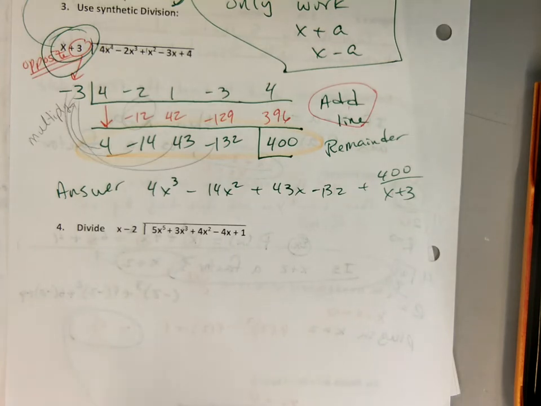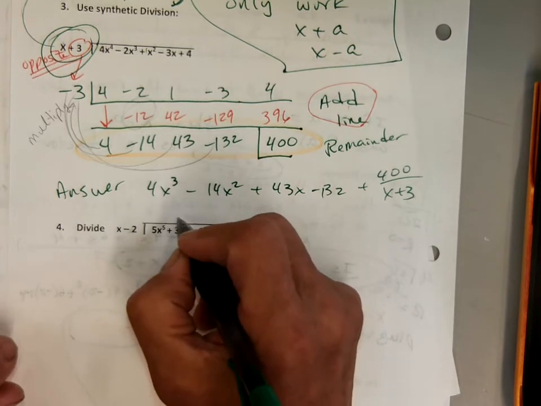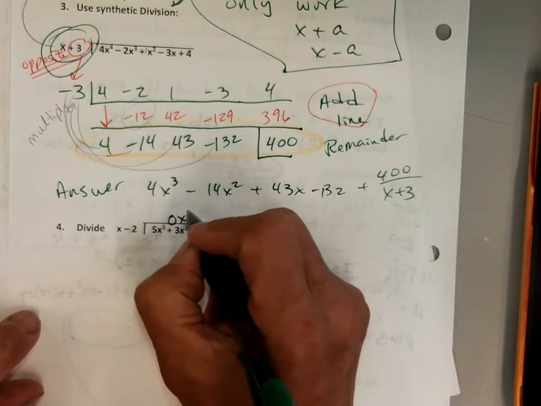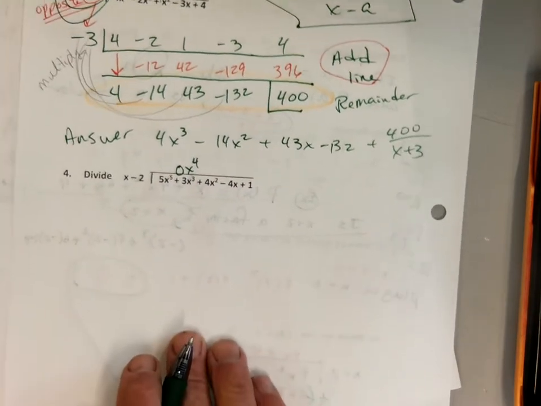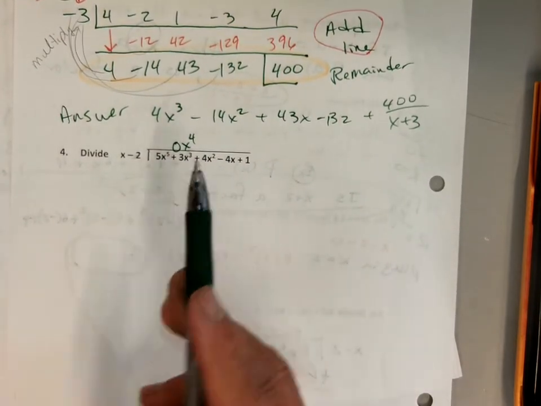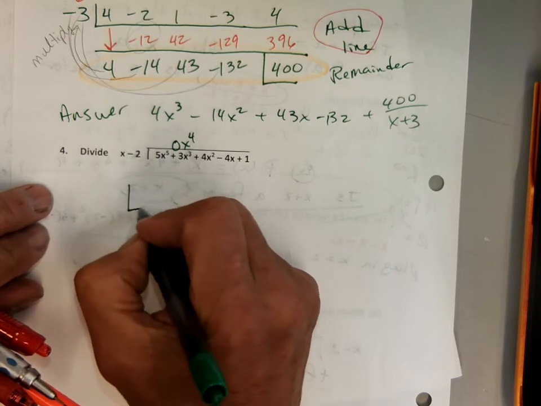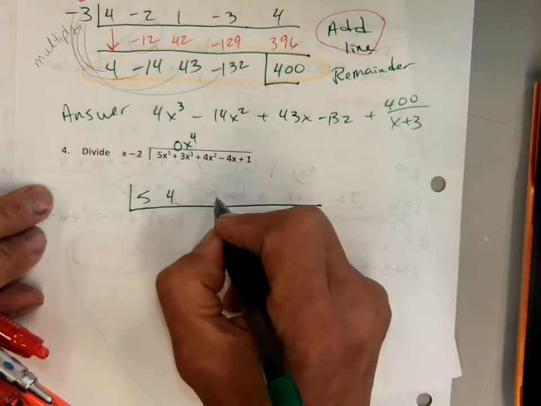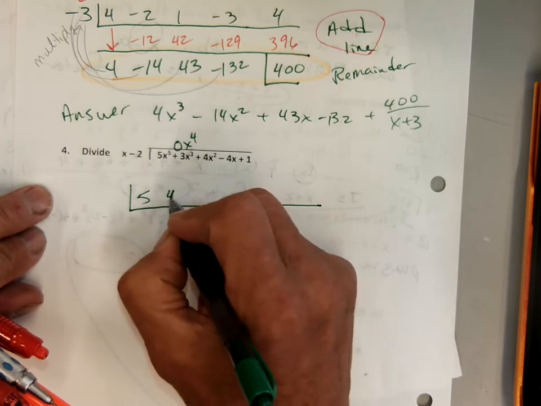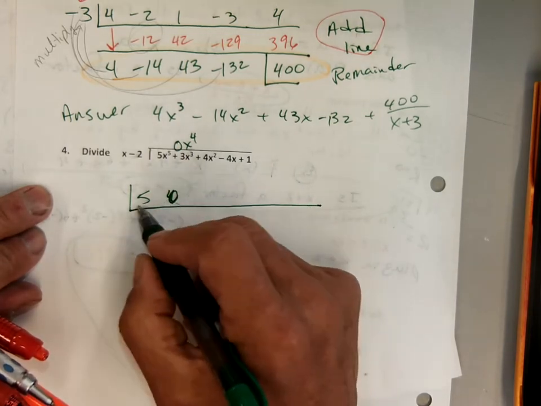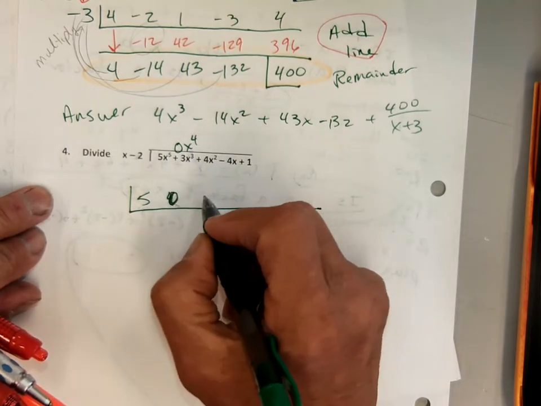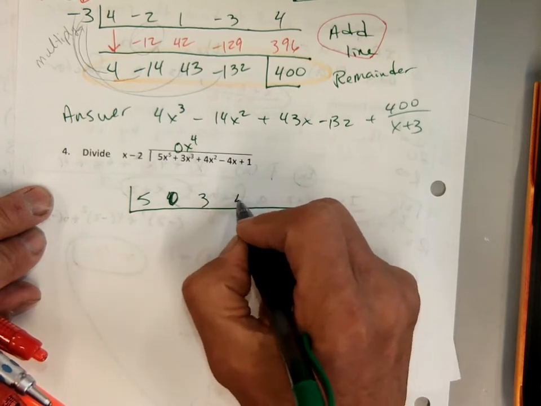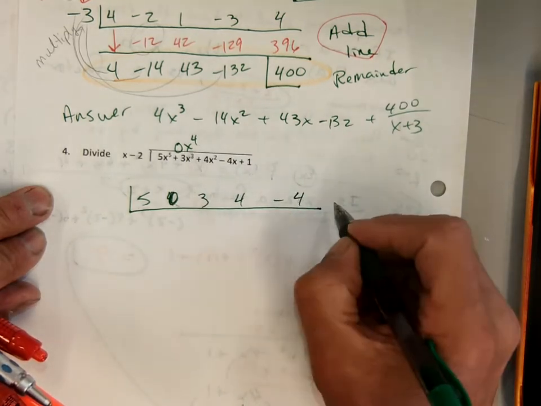So on number 4, let's do example 4. I'm going to show you one trick, make sure you go as 0x to the 4th power, okay? So I'll let you do it. 5, 0, 3, 4, negative 4, 1.